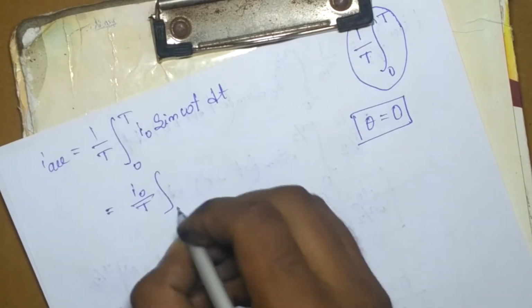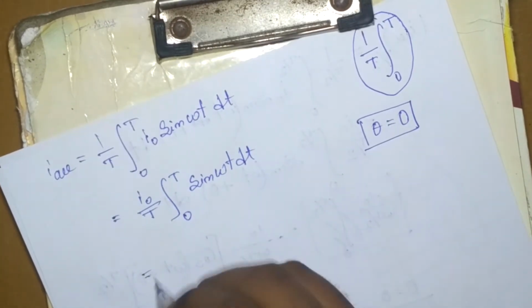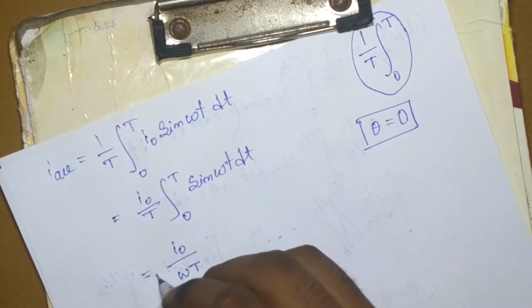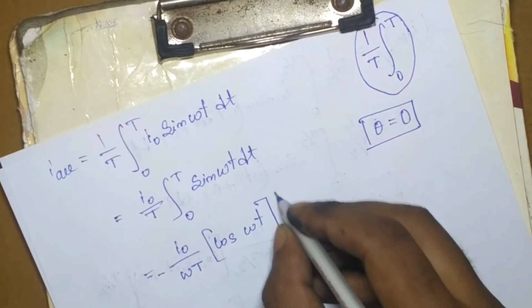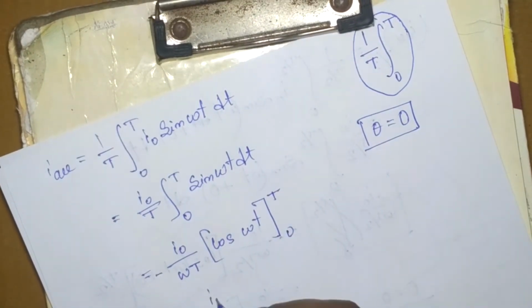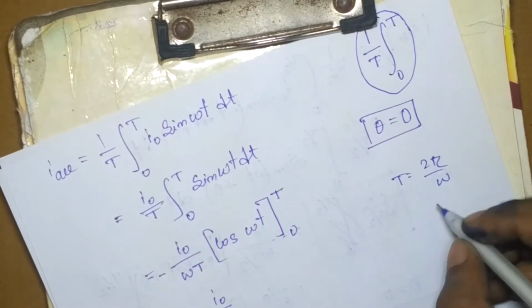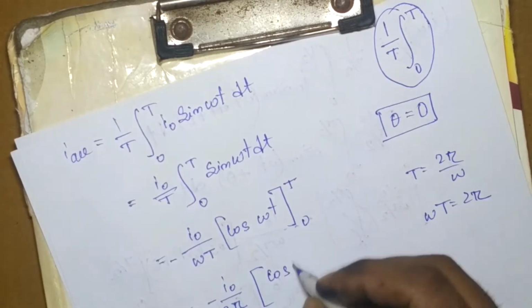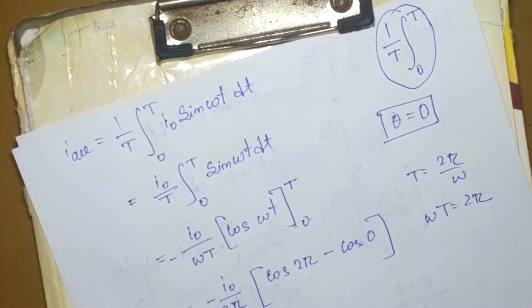So I0 by T, integral 0 to T, sin omega t dt, so I0 by T times minus cos omega t from 0 to T. Because T equal to 2 pi by omega, omega T equal to 2 pi, so it is equal to cos 2 pi minus cos 0, that is equal to actually 0.